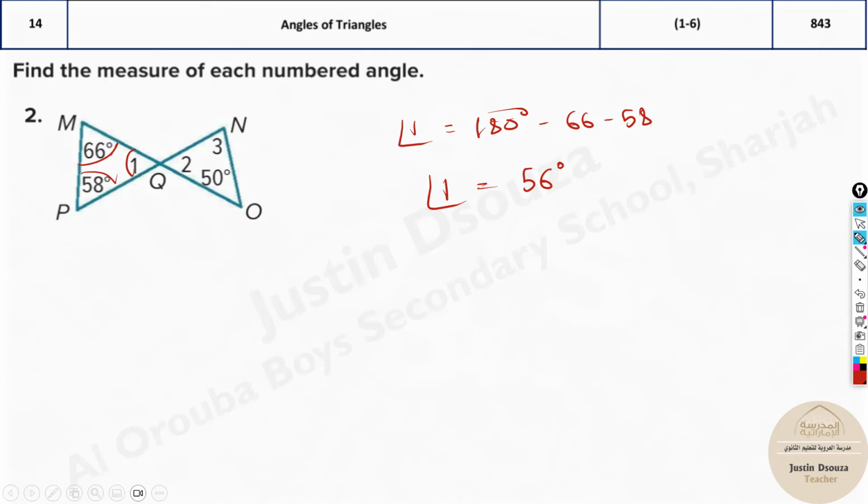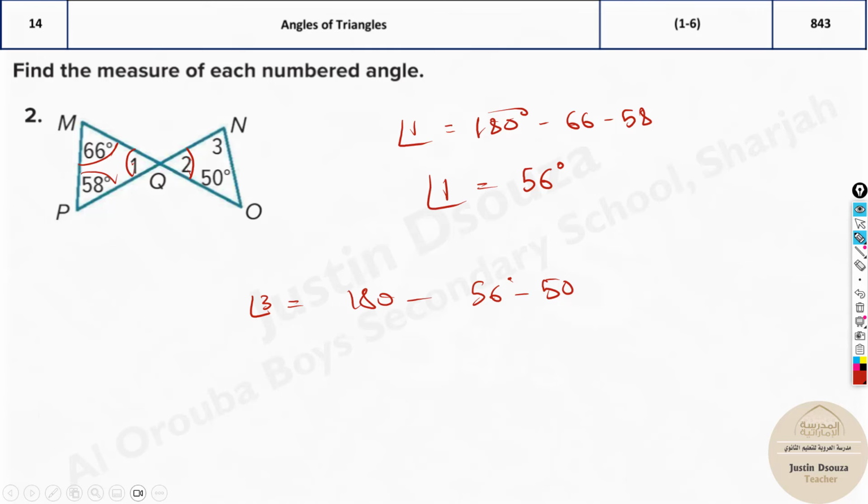Now what about angle 2? If angle 1 is 56, angle 1 and angle 2 are vertical angles, so this is also 56. And now we have 180 minus 56 minus 50, which will be equal to the measure of angle 3. How do you find this? Add all of them, it should be 180.